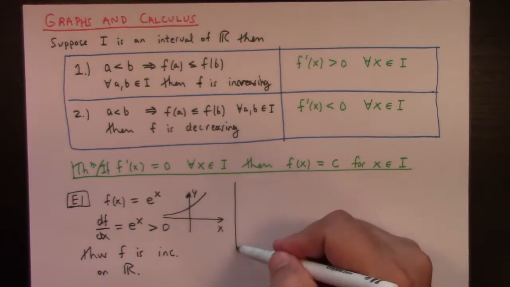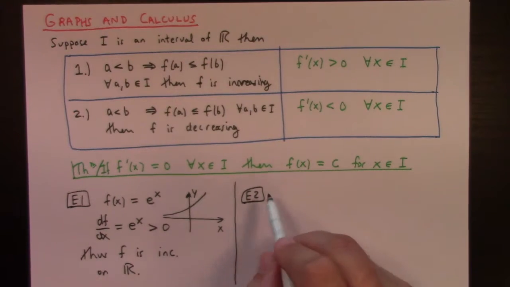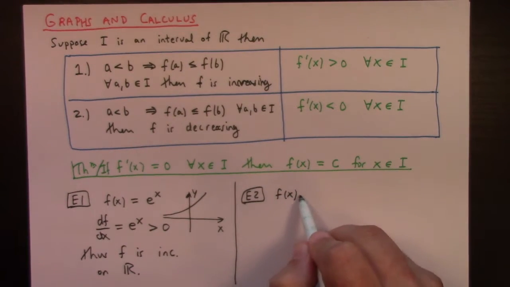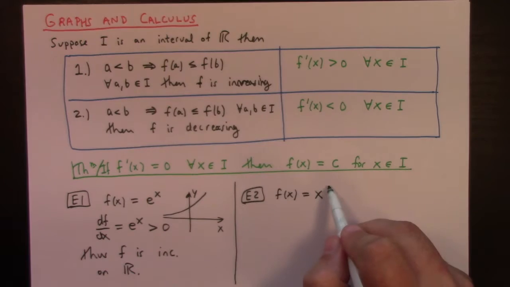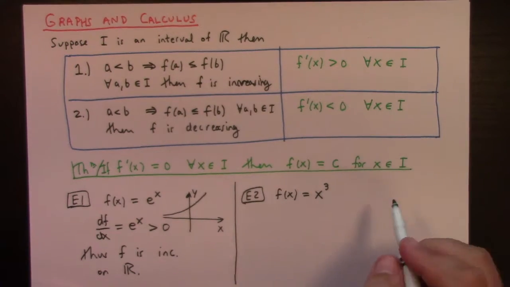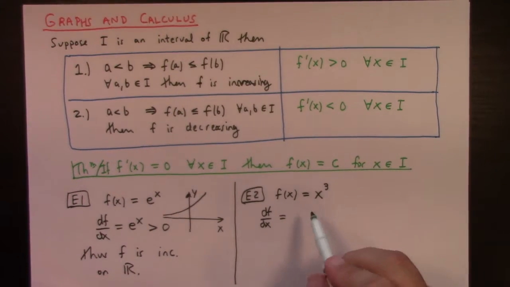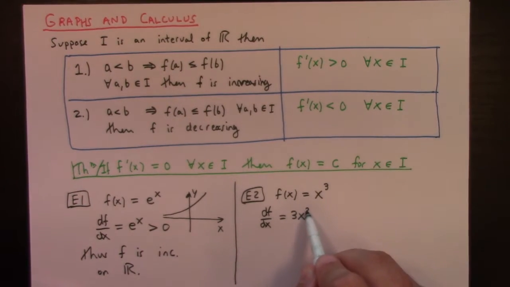Alright. Here's the example I was hinting at a second ago. If we have f of x equals, say, x cubed, simple example, but df dx is equal to what? 3x squared.